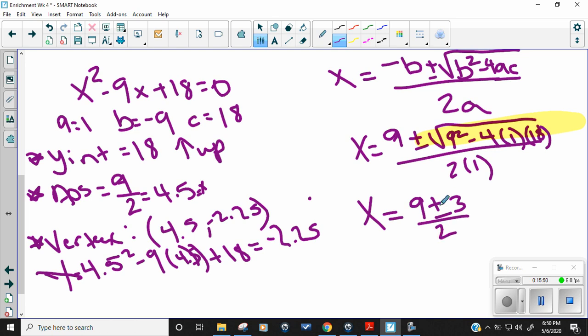So I have two answers, 9 plus 3, x equals 12 divided by 2, which is 6. And then 9 minus 3, 6 divided by 2, which is 3. Okay, so there's your x-intercepts.